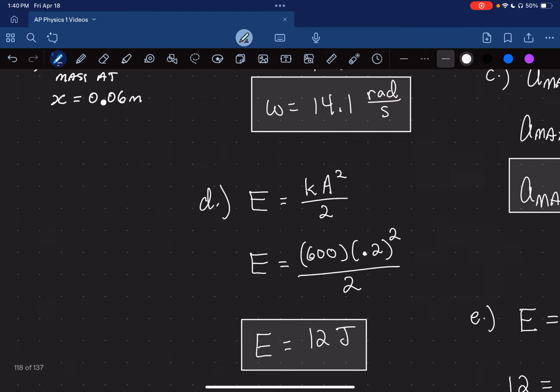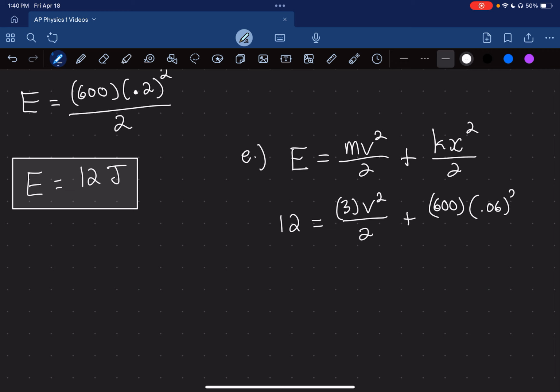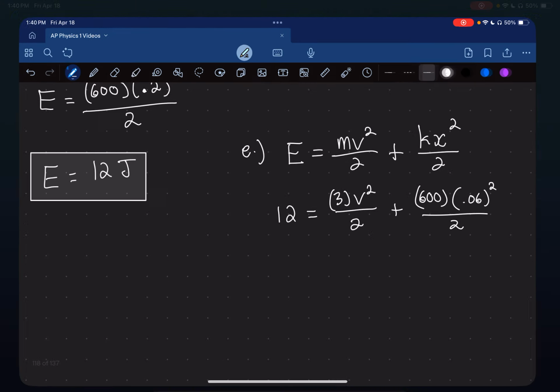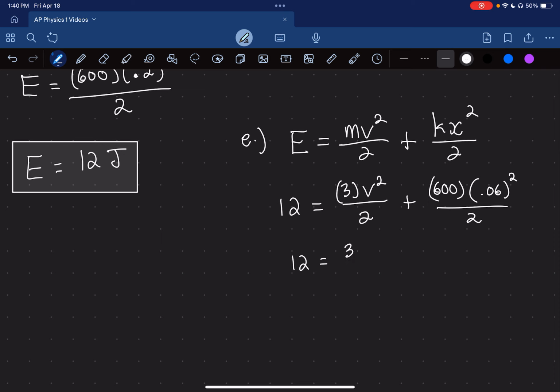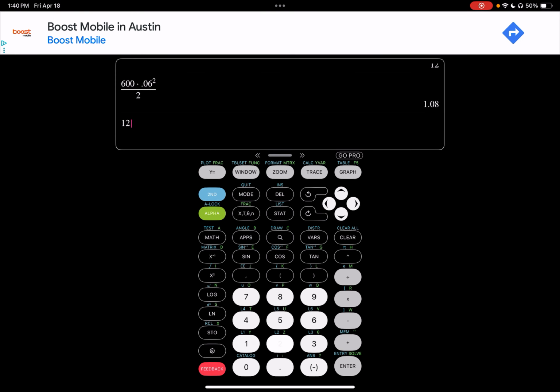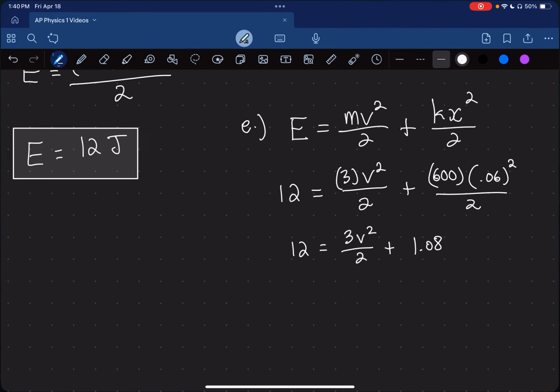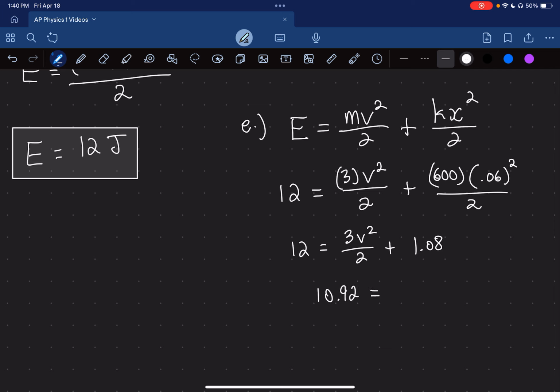The position was 0.06. That gives 1.08. So 12 minus 1.08 is 10.92.